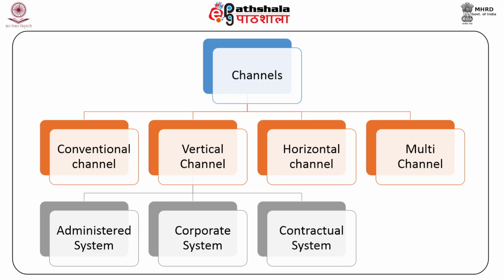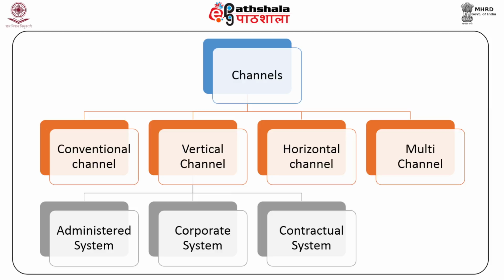In a conventional marketing channel, all intermediaries are separate businesses seeking to maximize their own benefits even at the cost of others. In this type of channel, each member works for his own profit and business, and they are not concerned with other members in the distribution process.